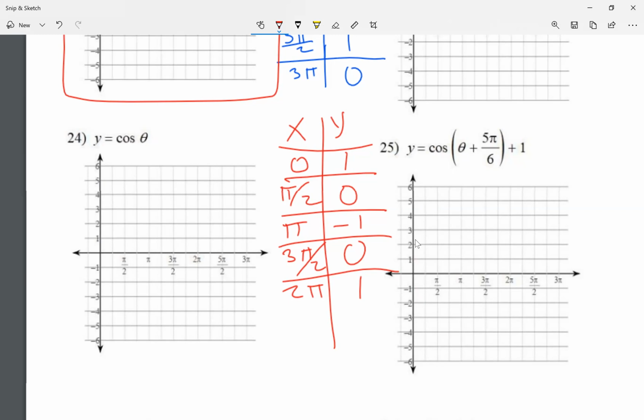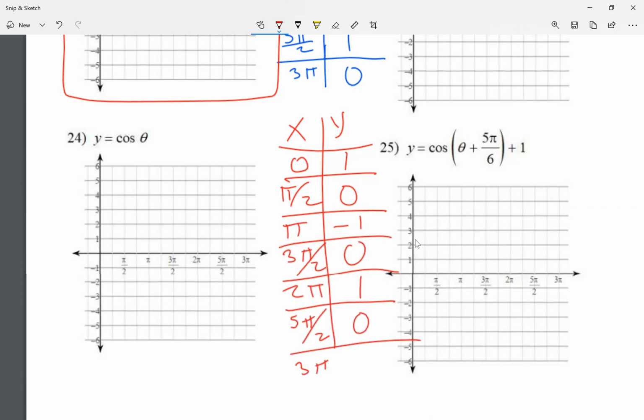So just to extend this a little bit more, I'm going to say 5 pi over 2 is 0, and 3 pi is negative 1. Let me plot these points in here. And then see, pi is negative 1, 3 pi over 2 is 0, 2 pi is 1, 5 pi over 2 is 0, and 3 pi is negative 1.